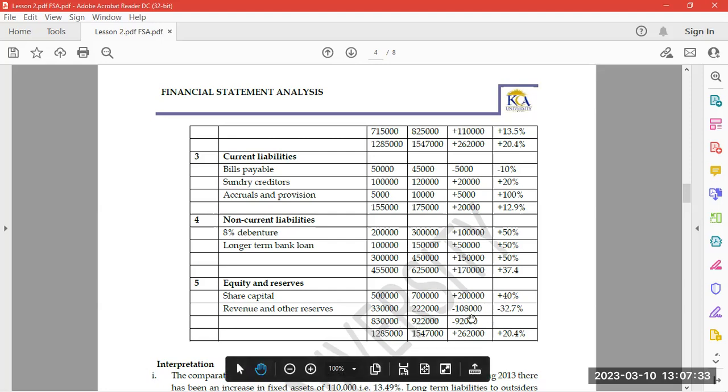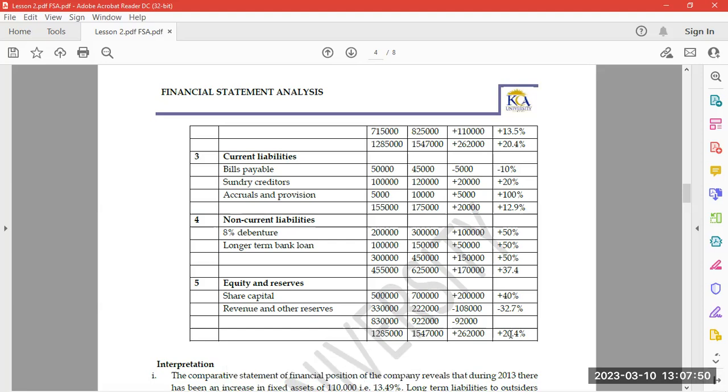Then if you divide this 108 by 330,000 times 100, you're going to get negative 32.7%. Then the total current equity and reserve is 20.4.